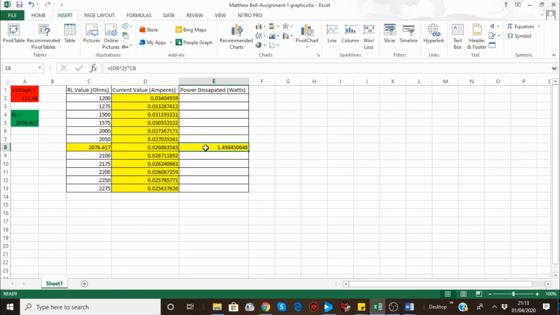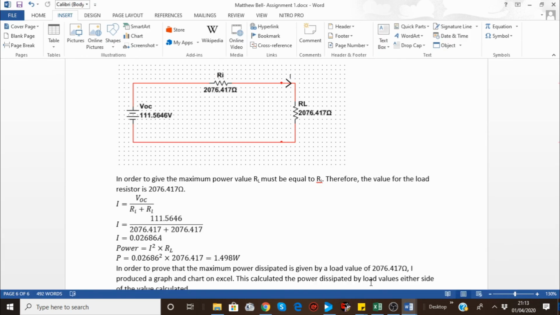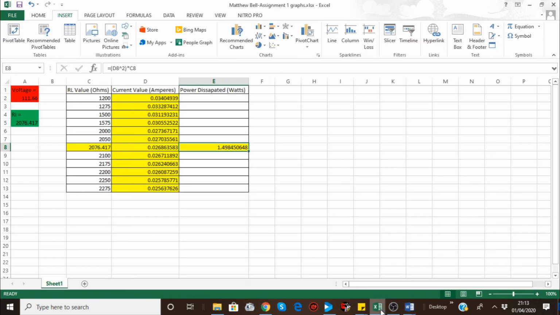And this is your power, 1.49 or 1.5 watts, which we've calculated as well in our calculations. It was 1.498 watts. So it is right. And then again, you click on the lower right corner of this box and drag it up and down.